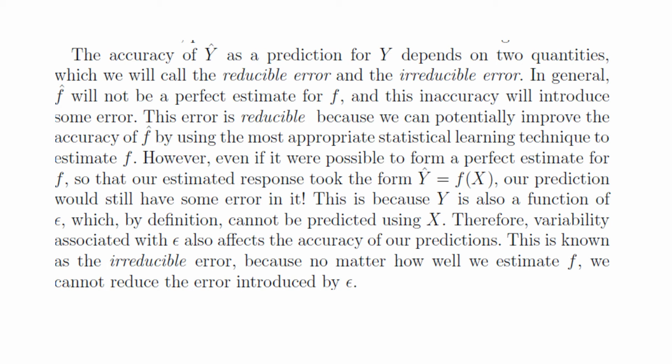This is because Y is also a function of ε, which, by definition, cannot be predicted using X. Therefore, variability associated with ε also affects the accuracy of our predictions. This is known as the irreducible error, because no matter how well we estimate f, we cannot reduce the error introduced by ε.